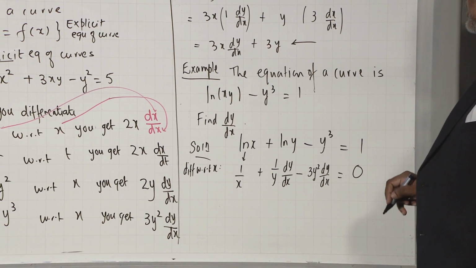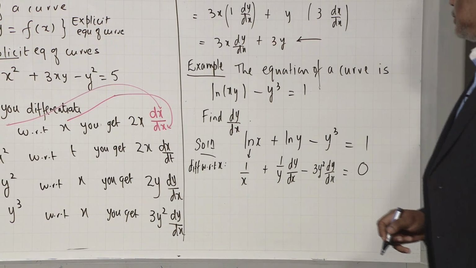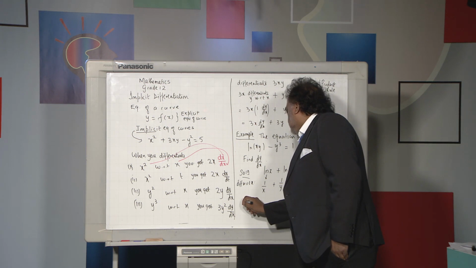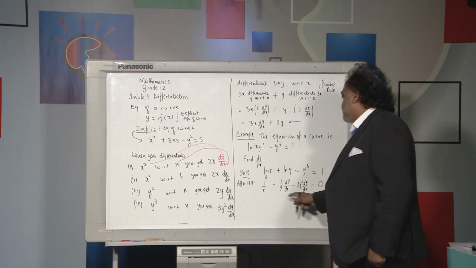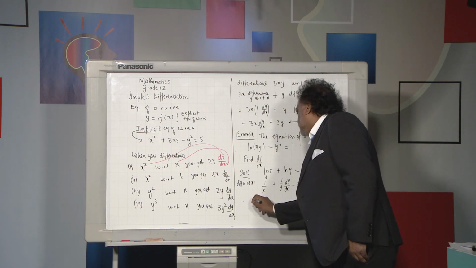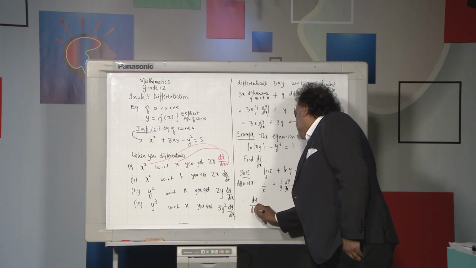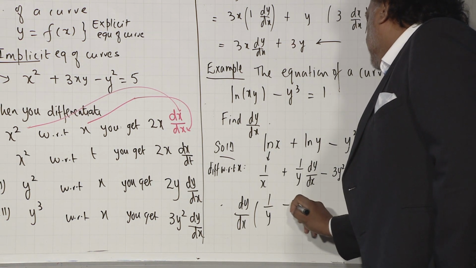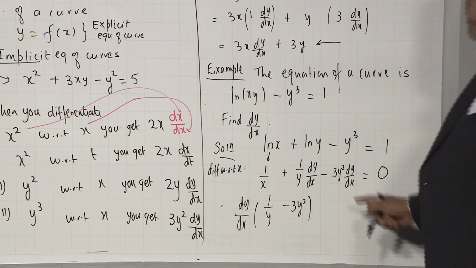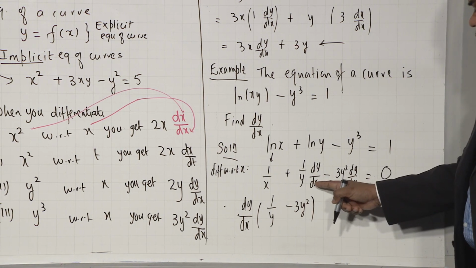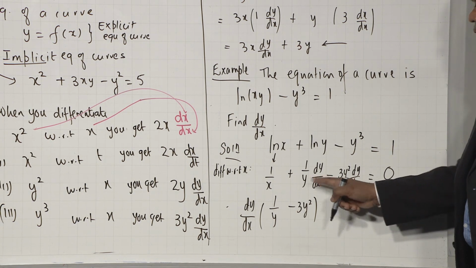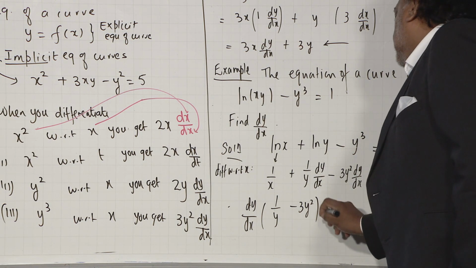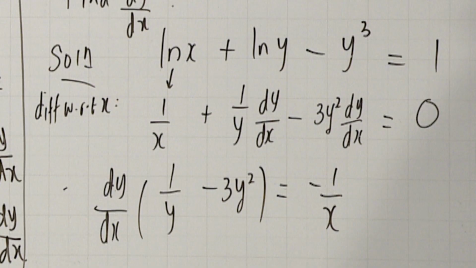I'm now going to make dy by dx the subject of the formula. So, 1 over x here will go on the right-hand side. I will have dy by dx times 1 over y minus 3y squared. So I had two terms having dy by dx. I factorize dy by dx, so dy by dx times (1 over y minus 3y squared) is equal to minus 1 over x.